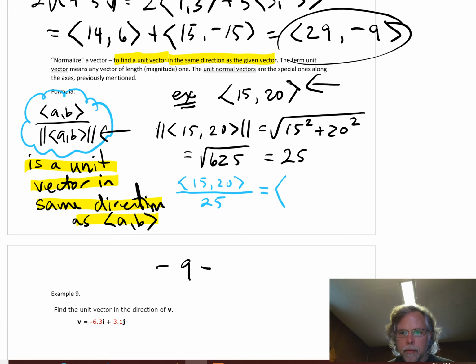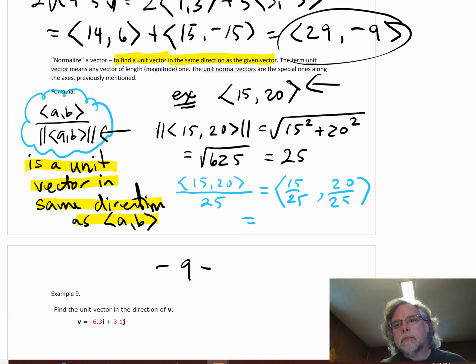So we have 15 over 25, comma 20 over 25. So that's equal to 3/5, comma 4/5.